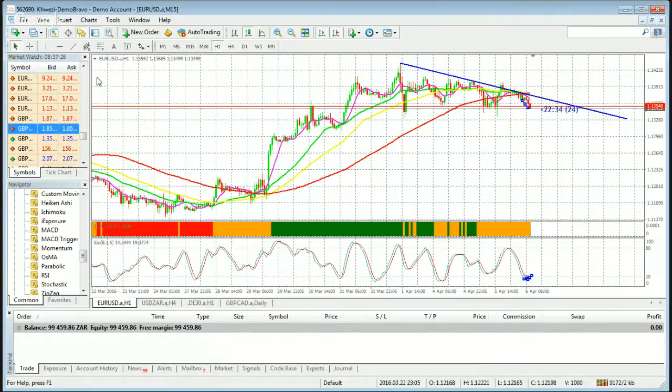For all we know, this could be forming a proper flag as well. Check it out. So we could get it coming down to here and then popping up. Don't really know until we see what it actually does.